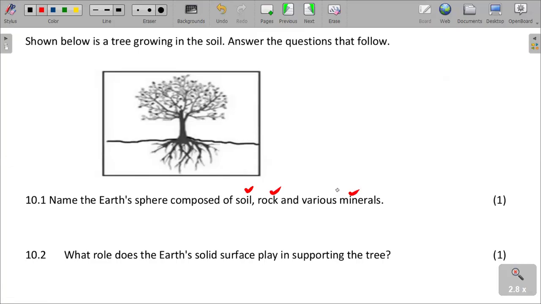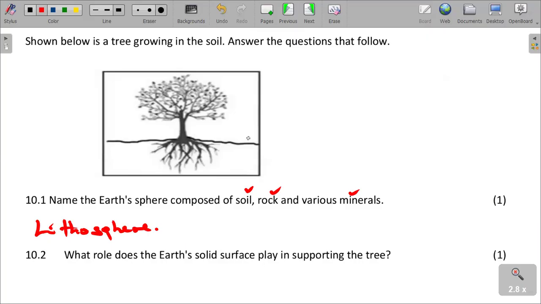It identifies the lithosphere. The lithosphere is the one that has the rocks, the soils, and the minerals in it.